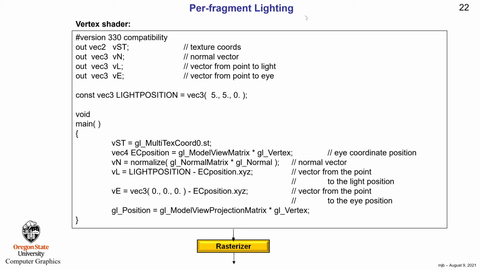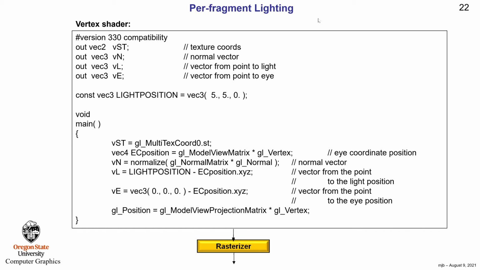So if we were doing per vertex lighting, we would take the vertex, which is gl_Vertex, and we would use that with the vectors pointing to the light and the normal and so on, compute an intensity based on the ambient diffuse specular equation, and then send that intensity out to the rasterizer.